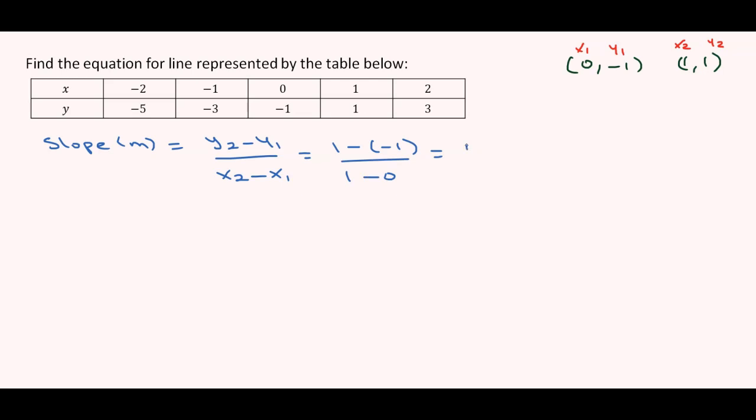So this is going to give us 1 plus 1 over 1, which is 2 over 1. That gives us 2.